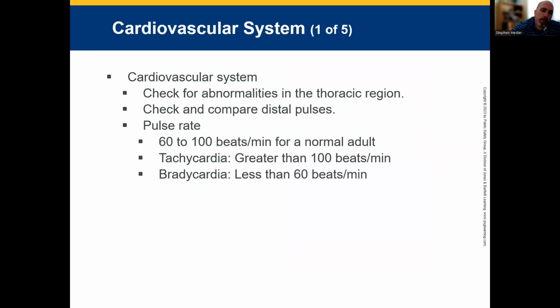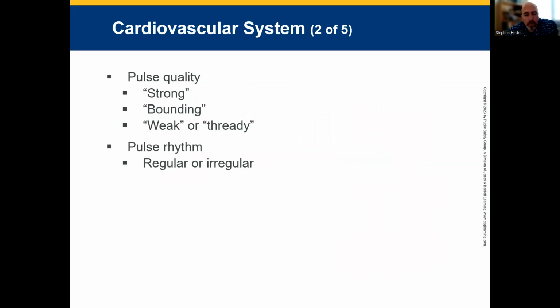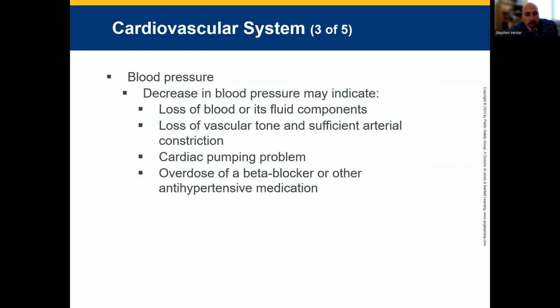All right, cardiovascular system, we're going to look at these. It's tachycardia, bradycardia, if it's greater than 100 or less than 60. Distal pulses, check for abnormalities in the thoracic region. Pulse quality strong, bounding, weak, or thready. Is it regular or irregular? Decrease in blood pressure may indicate loss of blood or its fluid components, loss of vascular tone, insufficient arterial constriction, a cardiac pumping problem, or overdose of a beta blocker or hypertensive meds.